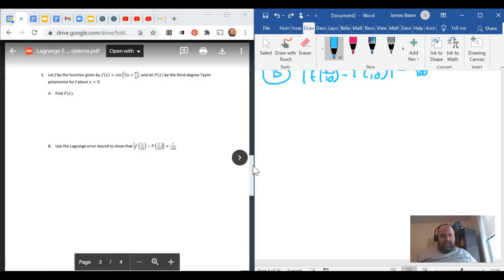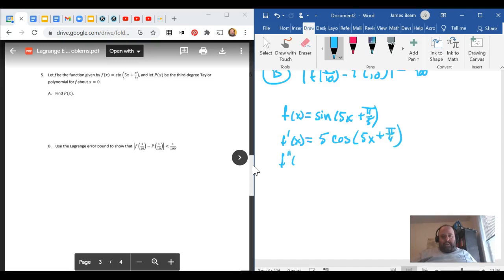No, I have to think a little here. Sorry, let's try that again. Yeah, f of x is sine of 5x plus pi over 4, right? So f prime of x is going to be 5 times the cosine of 5x plus pi over 4.